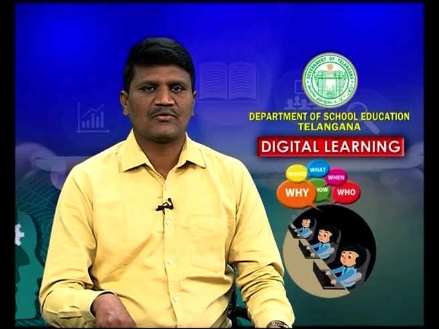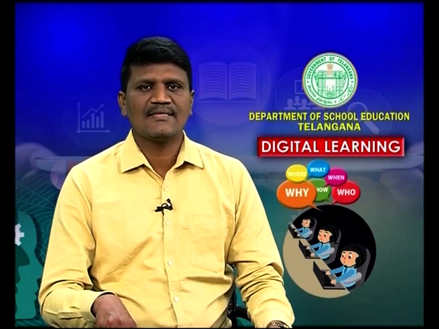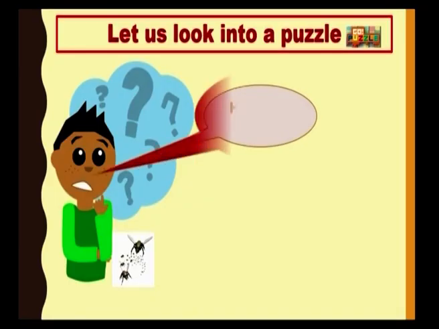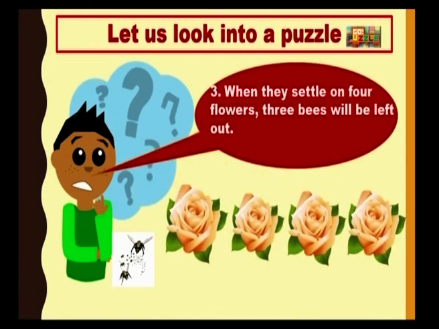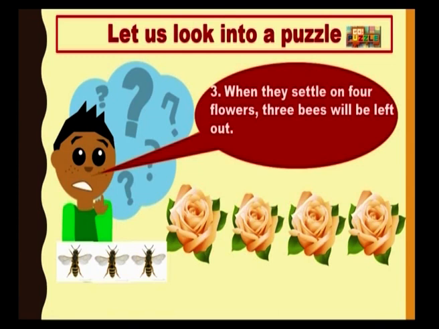two bees are left out. Let us see the third hint. When they settle on four flowers, three bees will be left out. So there are four flowers, and an equal number of bees settle on the first flower, second flower, third flower and the fourth flower, then three bees are left out.